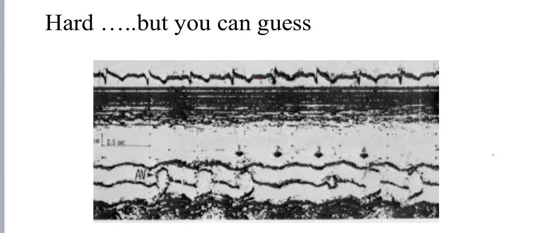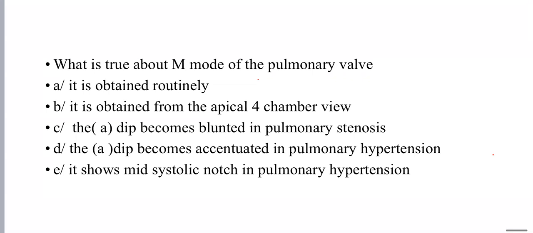Okay. What is true about the M mode of the pulmonary valve? It's difficult, I agree with you. It's obtained routinely. It's obtained from the apical 4-chamber view. The A dip, which is the atrial dip, becomes blunted in pulmonary stenosis.